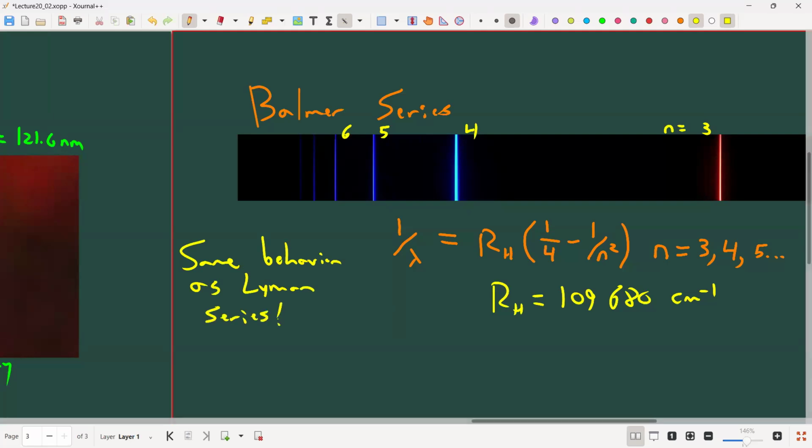In fact, you can go into the infrared, a little further along in wavelength, and you see another series of lines that fit the same formula, but instead of 1/4 it's 1/9, and n starts at 4. This is called the Paschen series, and it has the same properties as all the other series. The formula is just very slightly different, and the lines are at a longer wavelength.